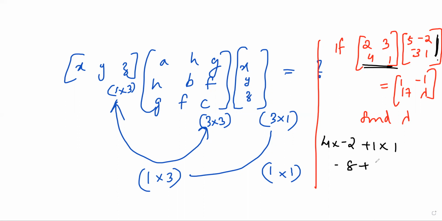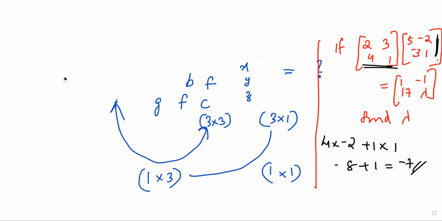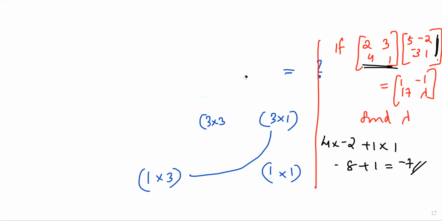So minus 8 plus 1, you'll get minus 7 as the answer. Tell me whether you're getting it. Now don't go for multiplying the entire matrix. You can multiply whatever is required. Yes, Josephine, Gopika, correct. Next question.